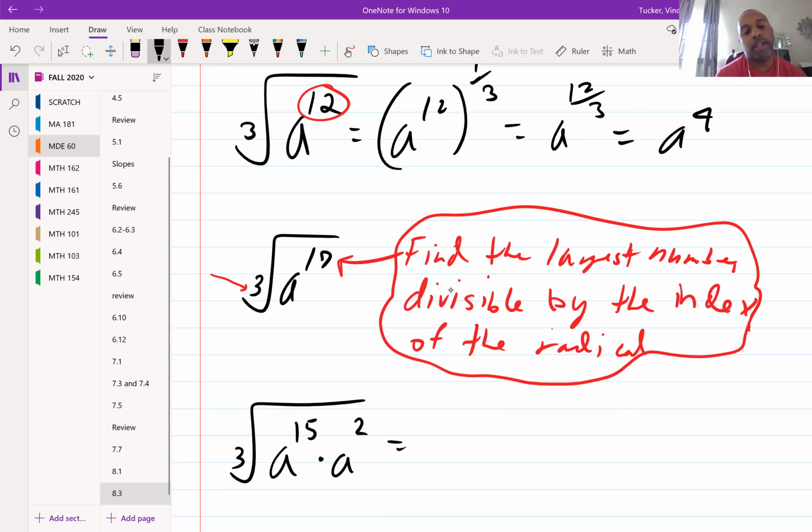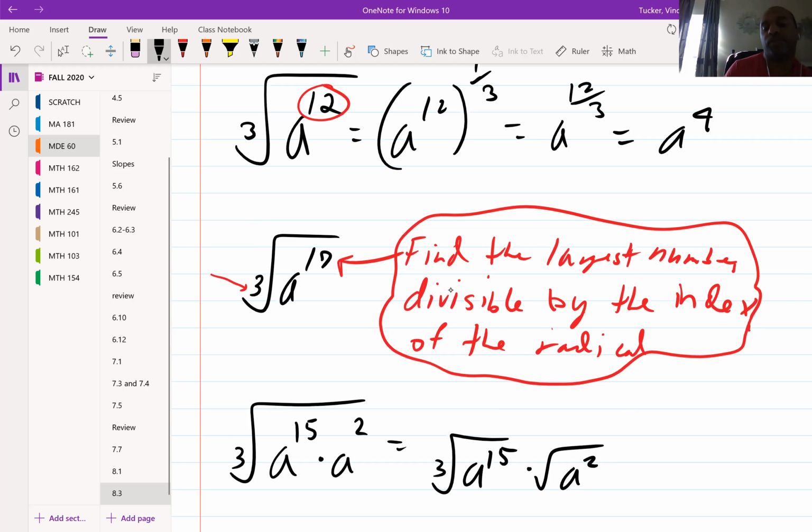So you see I have a to the 15 and then a squared. 15 plus 2 is still 17. Haven't changed the value of anything. But now I can break this up into the cube root of a to the 15th times the cube root of a squared. There should be a cube root in there.